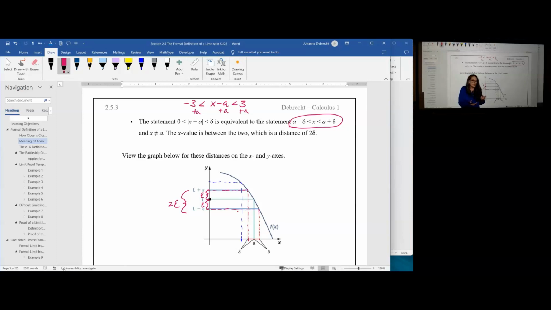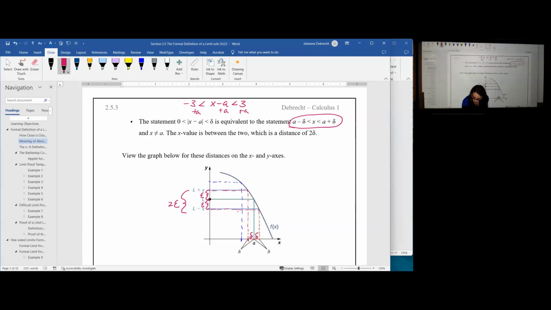Whatever the smaller one is, I can always go smaller. In this case, they're the same, but that's because this is one created by the textbook to teach you the concept. That's not normal.